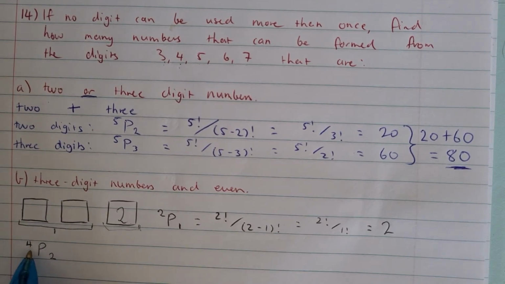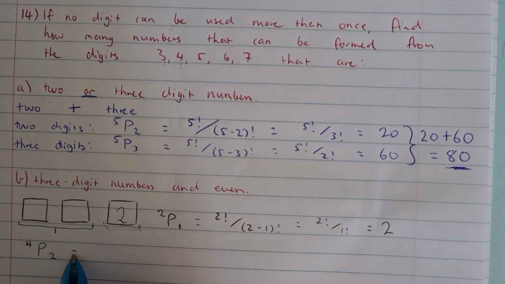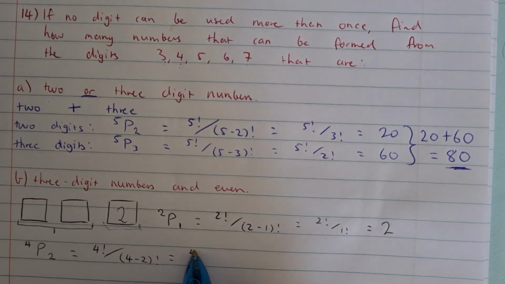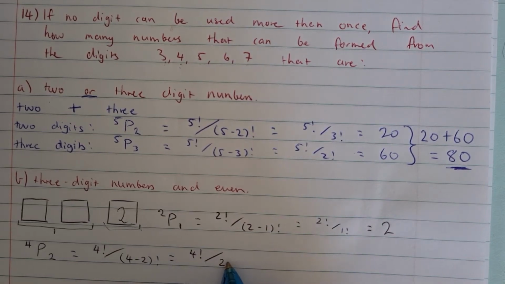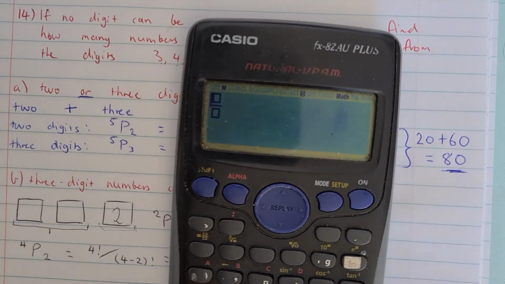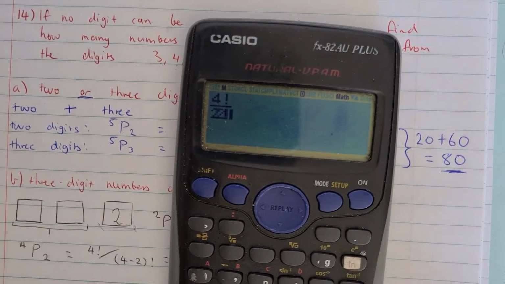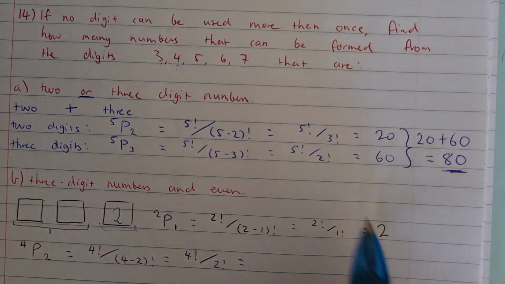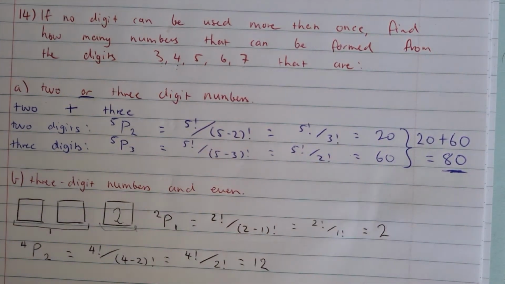You have 4 digits to choose from, and you're choosing 2. So there are 12 different options.